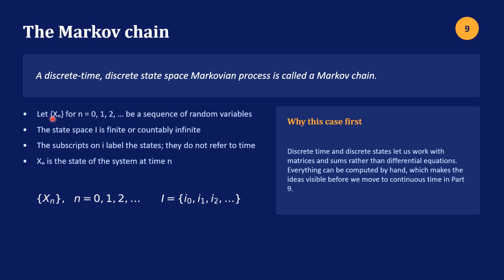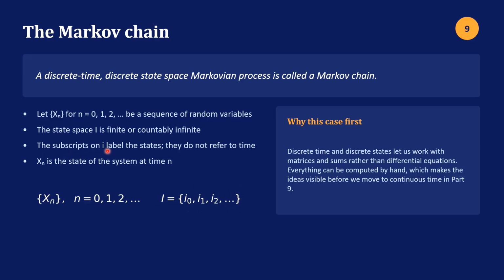Let X sub n, this set here, be a sequence of random variables. That's related to this discrete time; n is tracking the time. The state space I is finite or countably infinite, so that's the set shown down here.